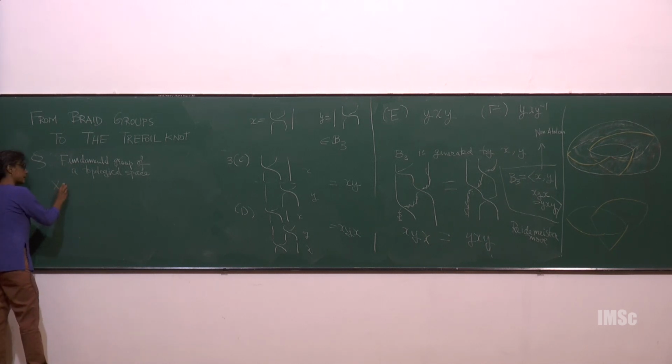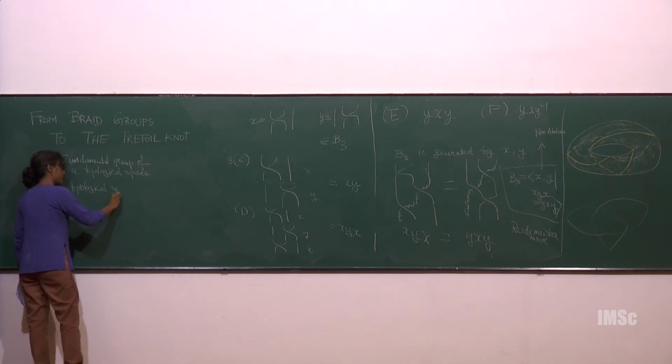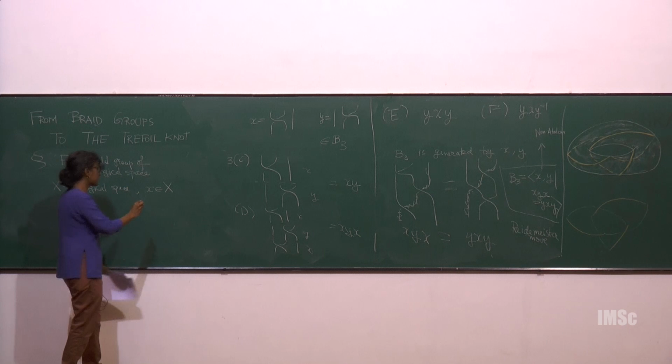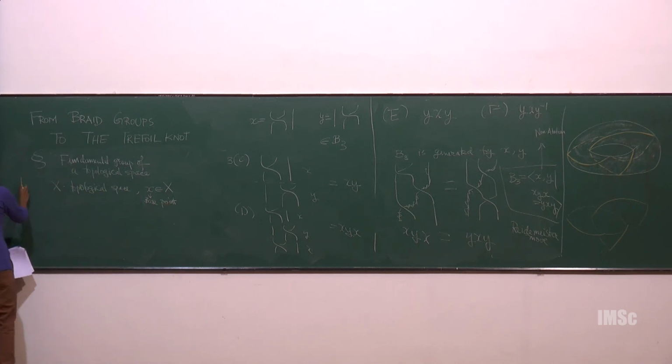So let X be a topological space, and let's take a point on X. This is any point on X, and we'll call this a base point. So this is a definition, okay?